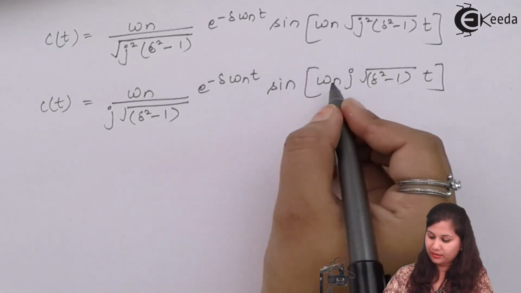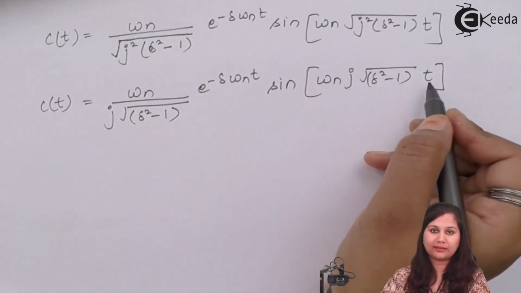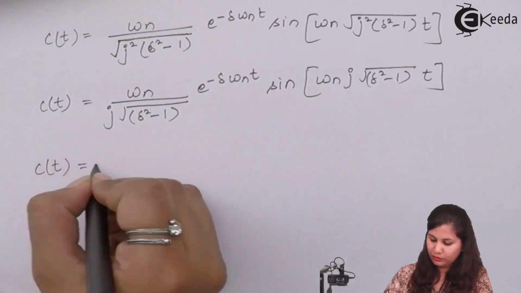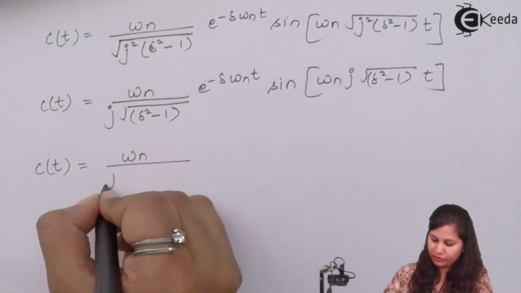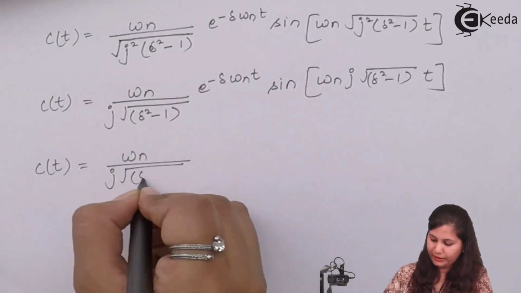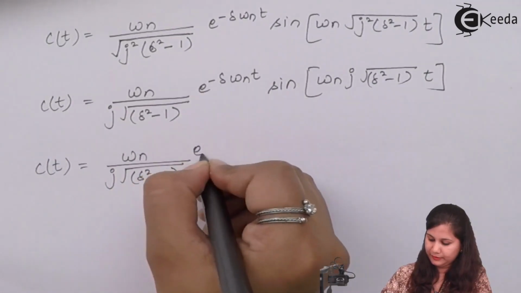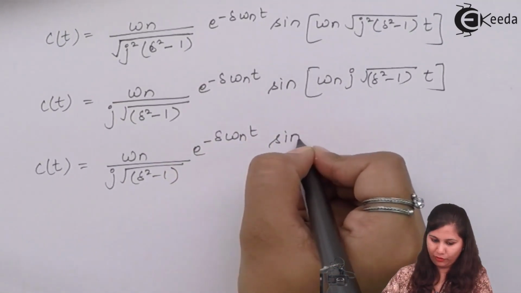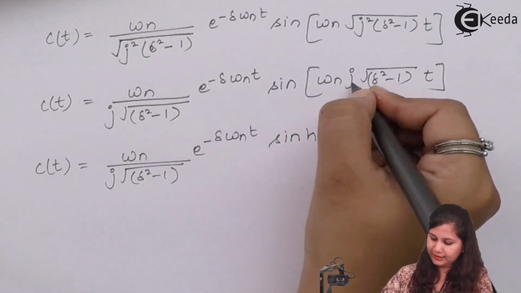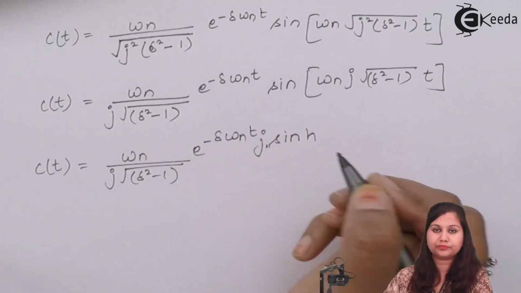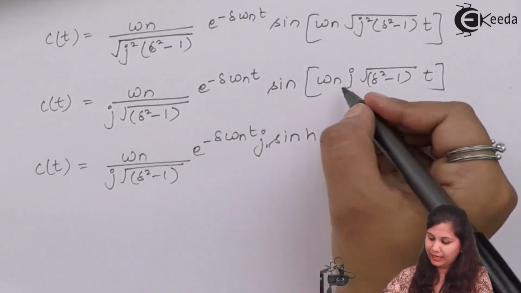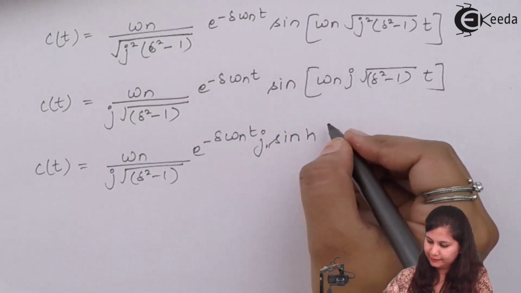Now this j is an imaginary term, so it can be converted: sine of j theta will become j sine h theta, and theta will be as it is.